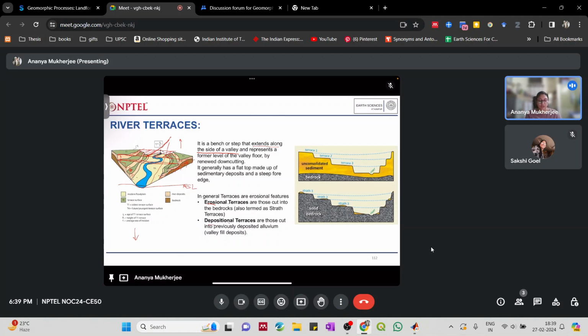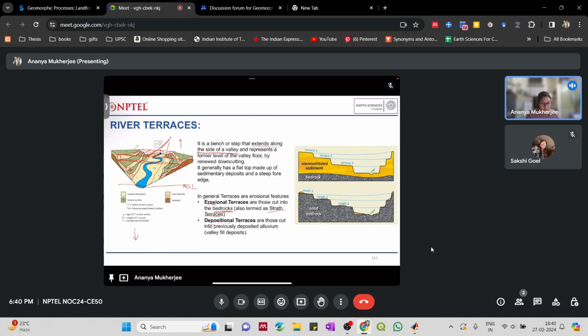So erosional terraces usually form where the material existing on the sides of the river channel or below the river channel is essentially a very weathering resistant rock. So they are also called strath terraces at times. Mostly it is made up of bedrocks.